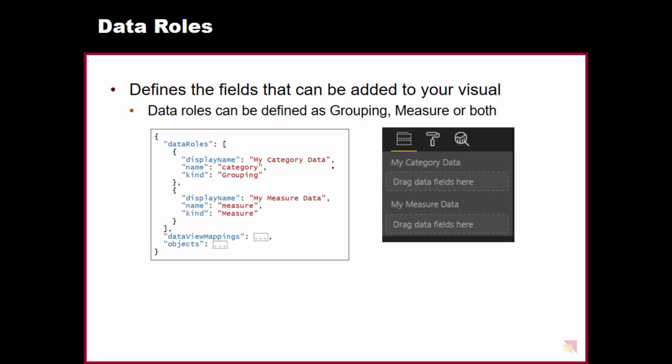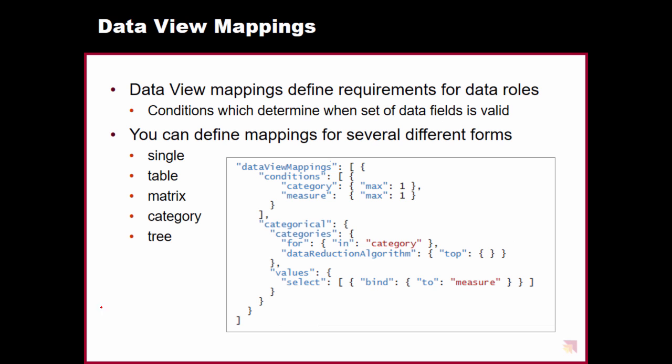So every data role has to be defined either as grouping, as measure, or as grouping and measure. And this defines whether people are able to drag and drop columns into the well for that particular data role, or they can drop measures, or both. Now, next, we'll look at data mappings.